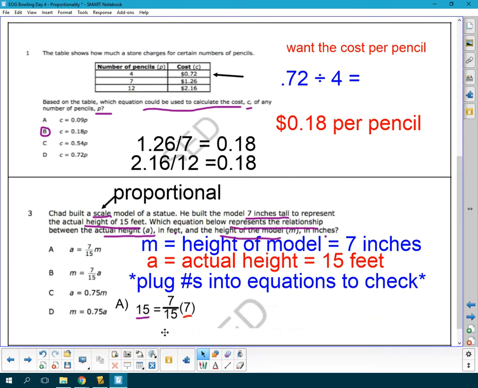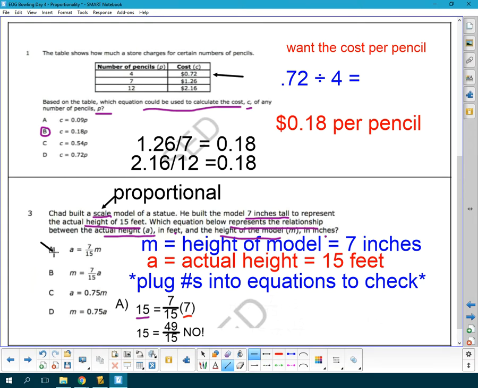If you take 7/15 and multiply it by 7, you get 49/15. And that is not the same thing as 15. In fact, 49 divided by 15 is 3.2666, which is not what I'm looking for. Okay? But that's not an answer choice, which is great.